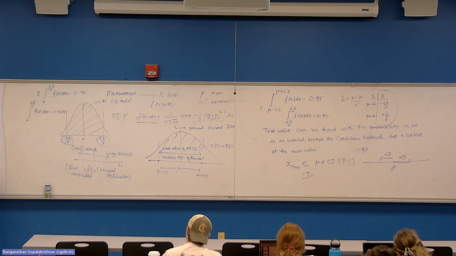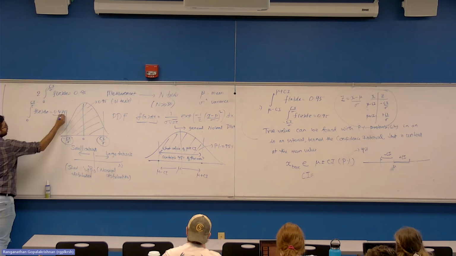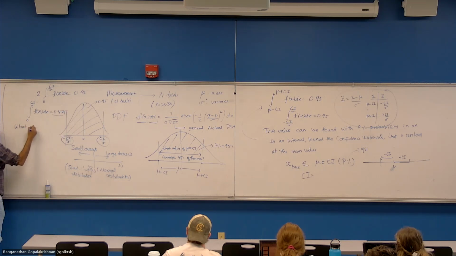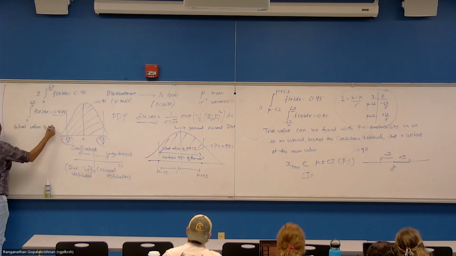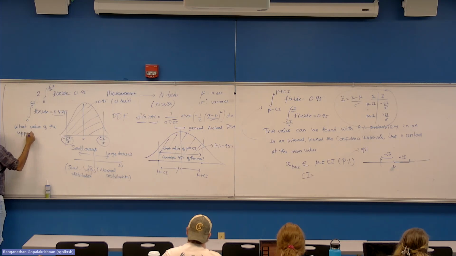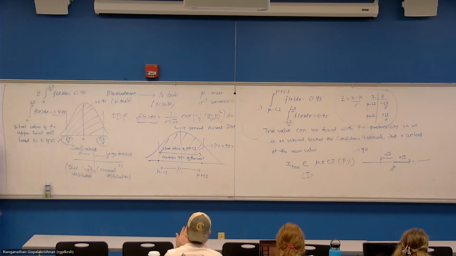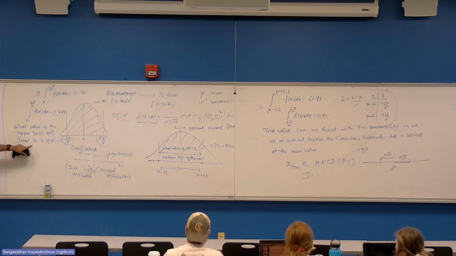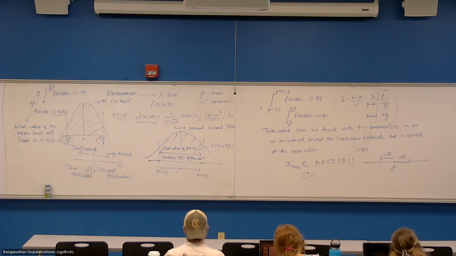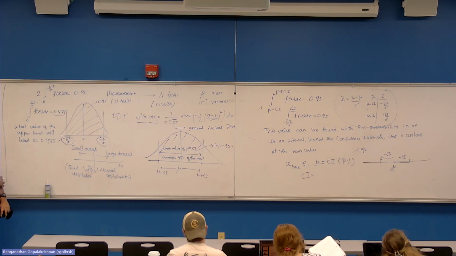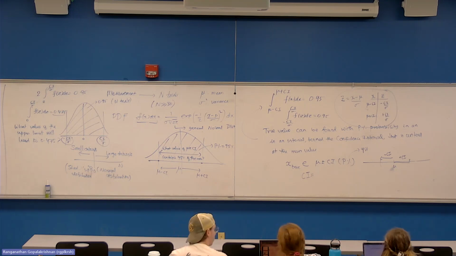All you have to tell me is what value of the upper limit of integration will lead to 0.475. Please look up that table and answer this for me. I gave you the handout. I didn't bring extra copies today, but I hope everybody has one.